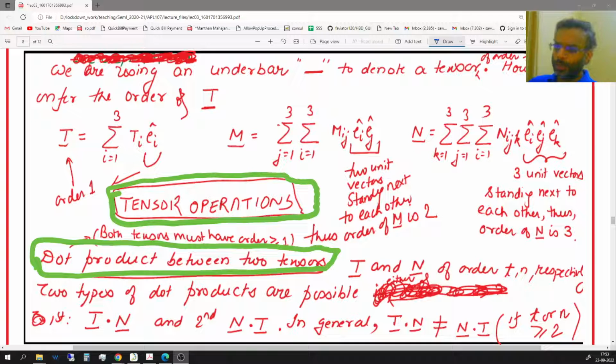If any of the participating tensors has order more than or equal to 2, then we can define the first dot product as T dot n, and we can also define n dot T. And in general, keep in mind that T dot n does not equal n dot T, if either T or n is of order more than or equal to 2.